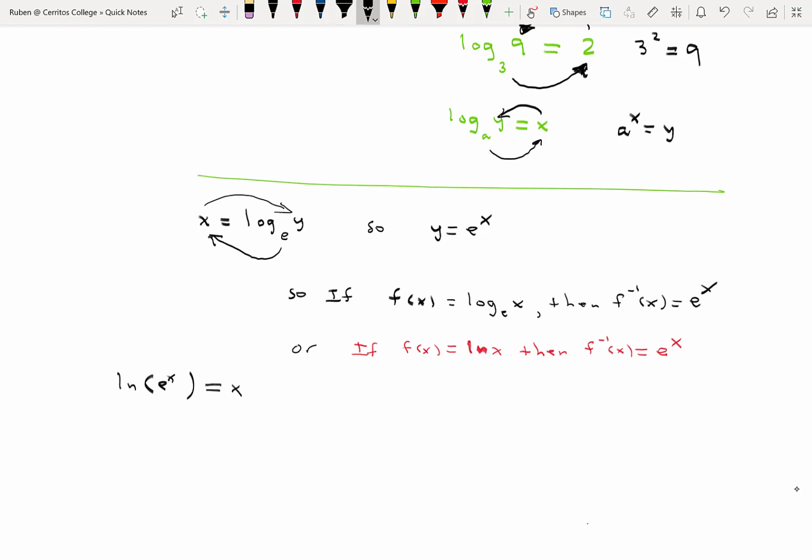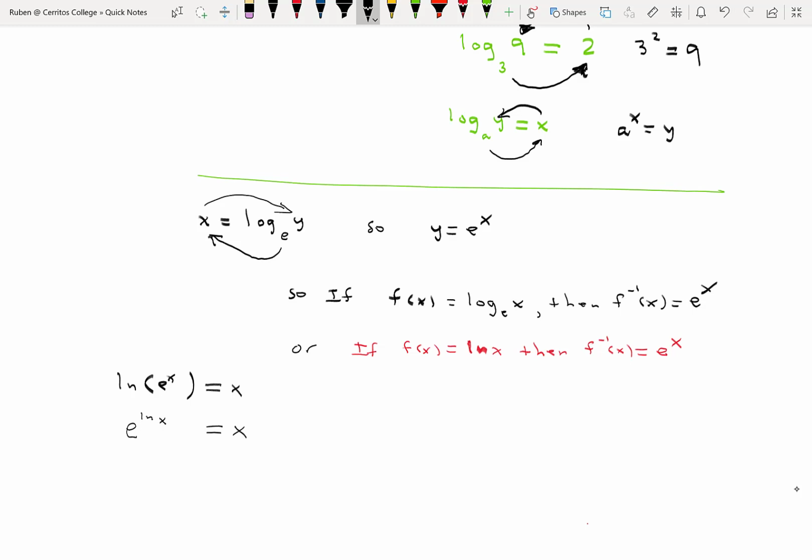Okay, so let me write it a different way. What is e raised to the natural log of x? Well, this is essentially the same thing. The exponential and logarithm functions are inverses of one another, so however you compose them, either logarithm first then exponential, or vice versa, they cancel each other out.